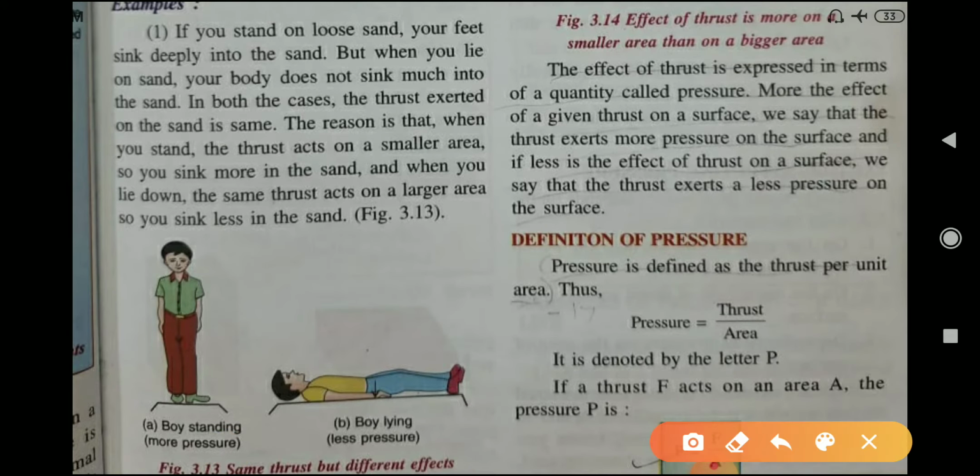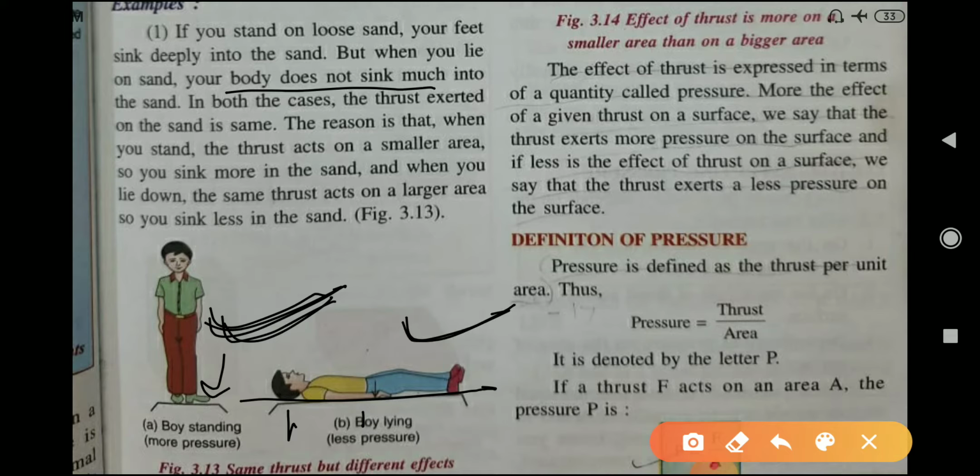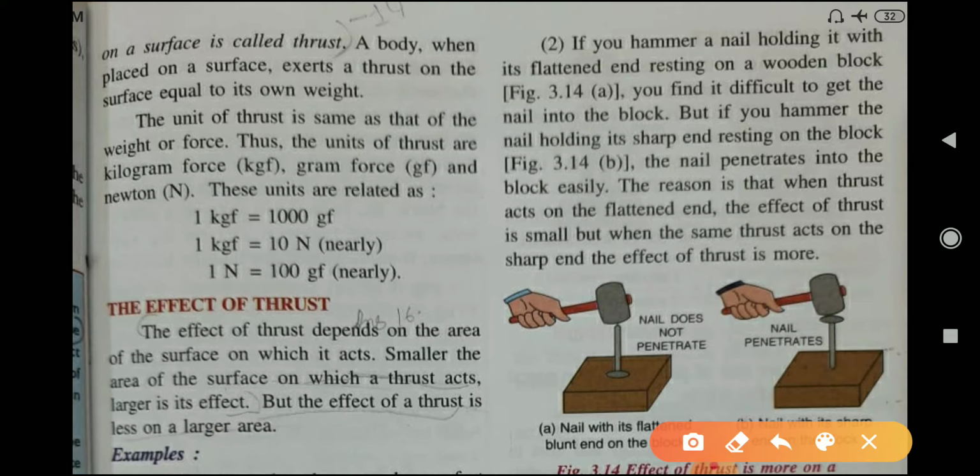In both the cases, the force exerted on the sand is the same. When you are standing or lying down, in both the cases, the thrust exerted on the sand is the same. Why is it the same? Because I already told you that thrust exerted on a surface is equal to its own weight.